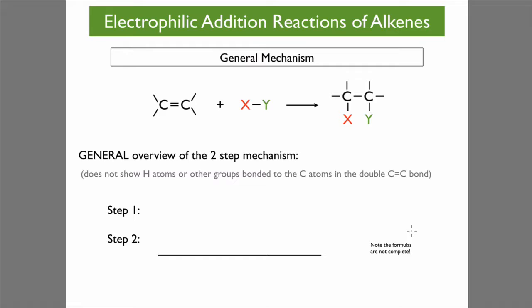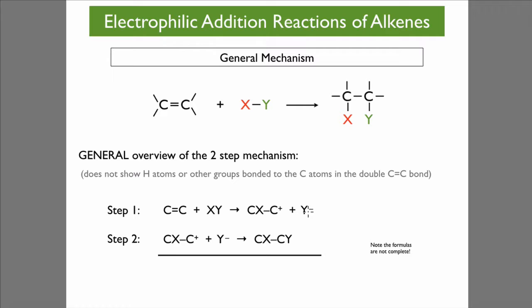The general mechanism for electrophilic addition is a two-step mechanism, and we're not going to show the hydrogen atoms here. First step, you've got X and Y here, and the more positive atom will add to the double bond first of all, leaving a positive complex here and a negative ion over here.